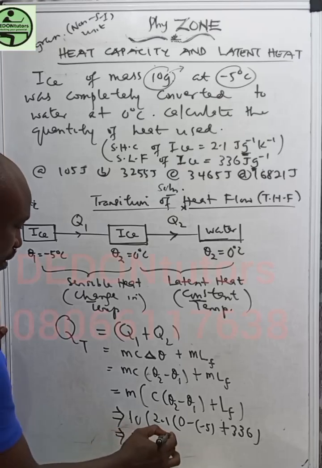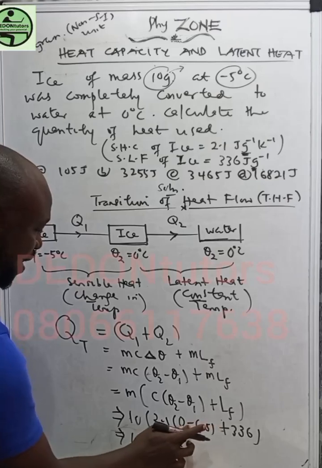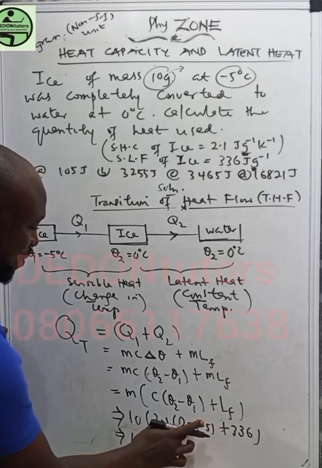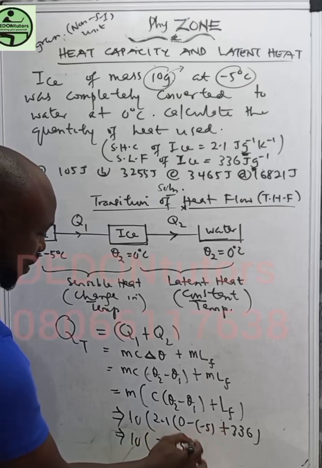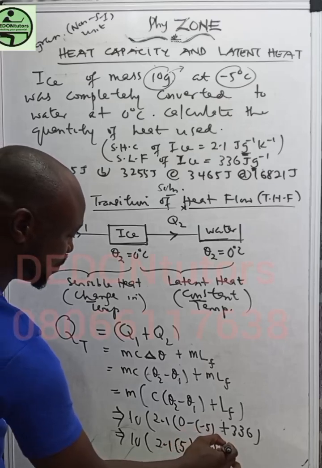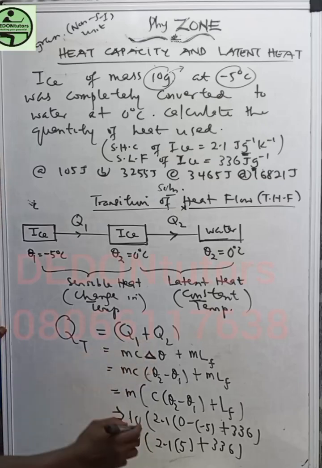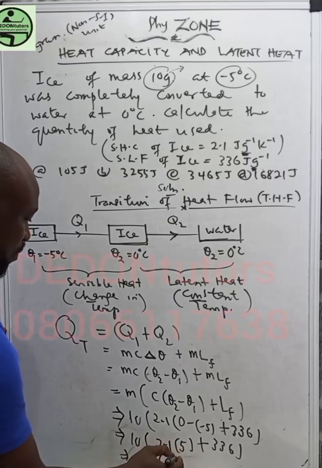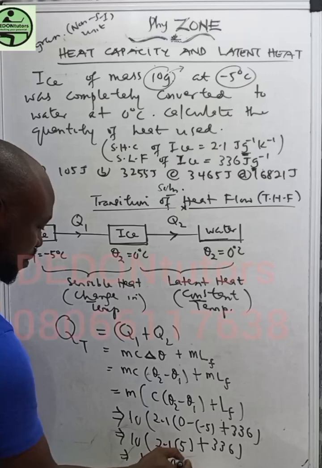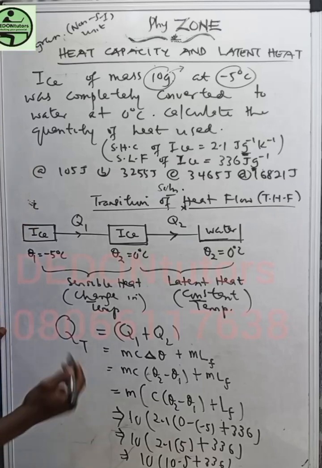So this gives us 10 times 2.1 times 5, because 0 plus 5 gives 5, plus 336. This gives us 10 times 10.5 plus 336. So let's add up now.